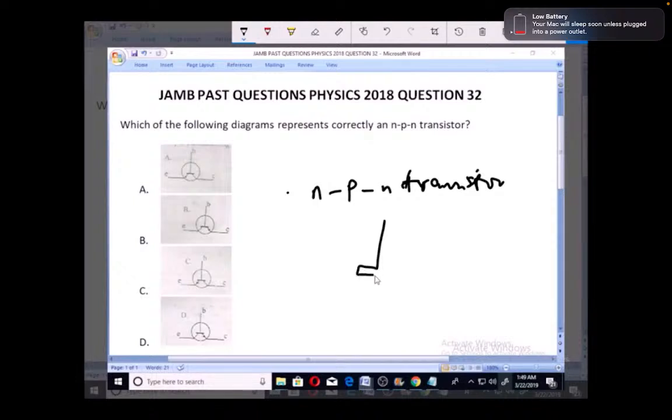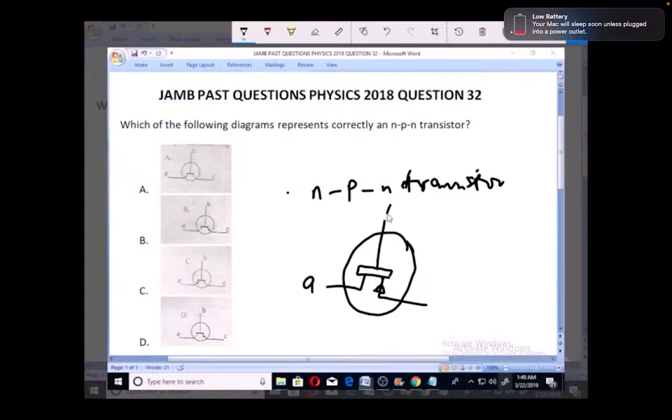Then here you have your A, B, and C. So this is the diagram of an NPN transistor. Which of the following is very close to what we have here? This is actually E.